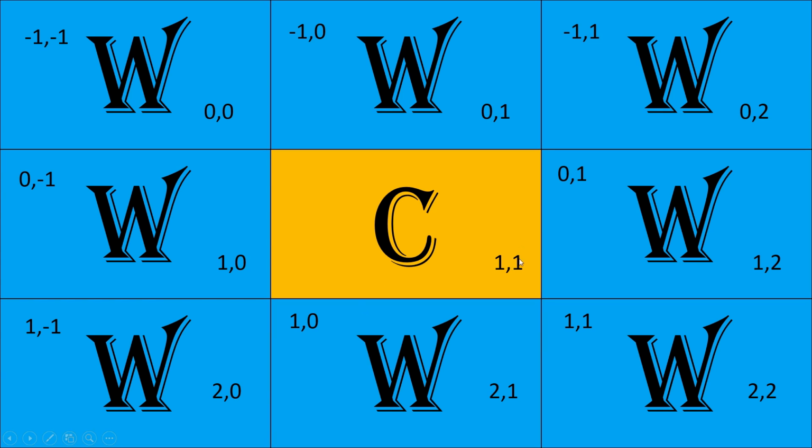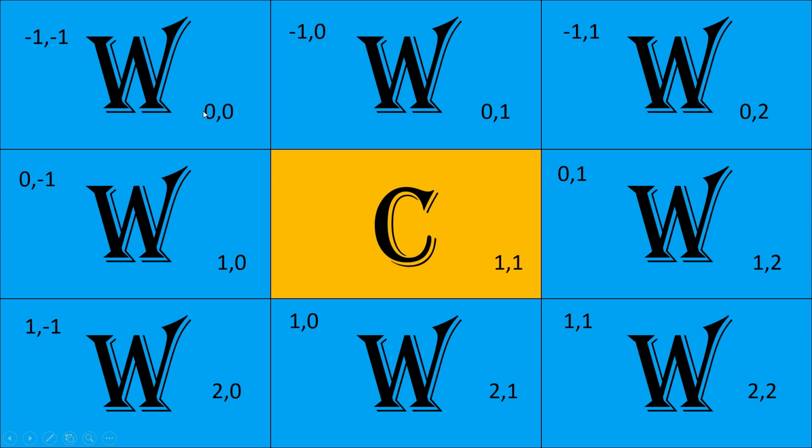For example, 1,1: to check this crop, which is present in the 1st row and 1st column, if we want to check whether a water source is present in the nearby field 0,0, then since this is 1,1, the nearby field is -1,-1. That is, 1 minus 1 is 0 and 1 minus 1 is 0.